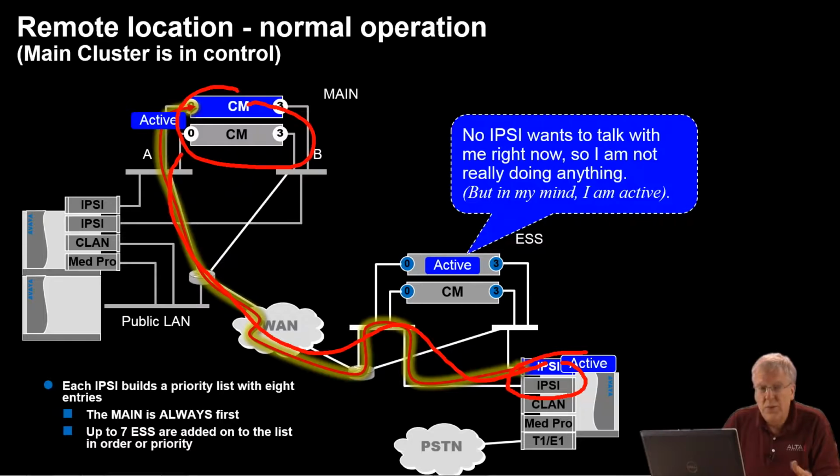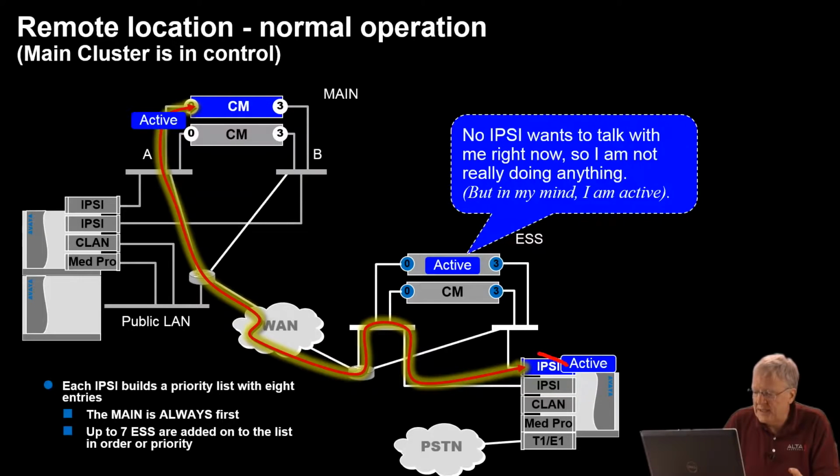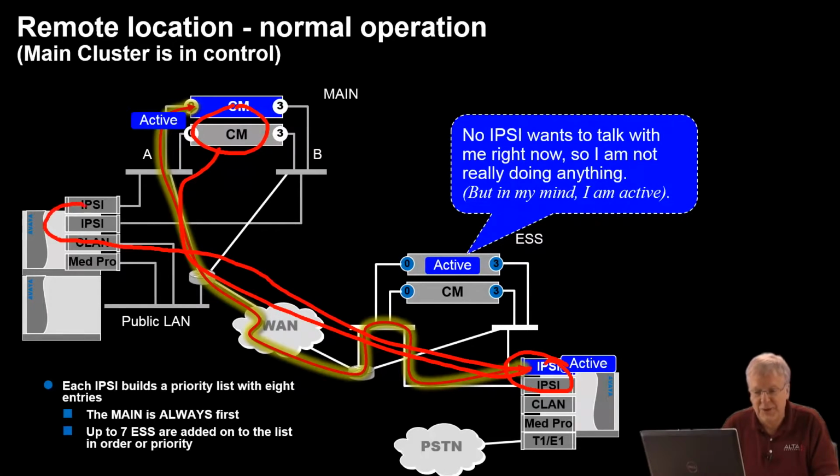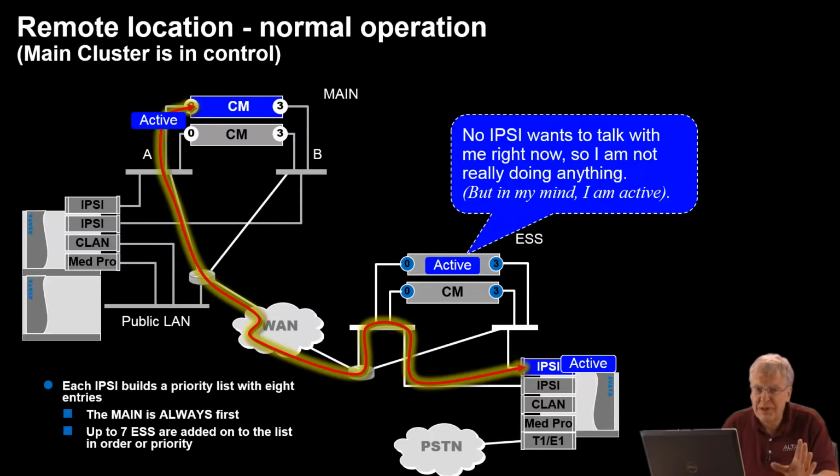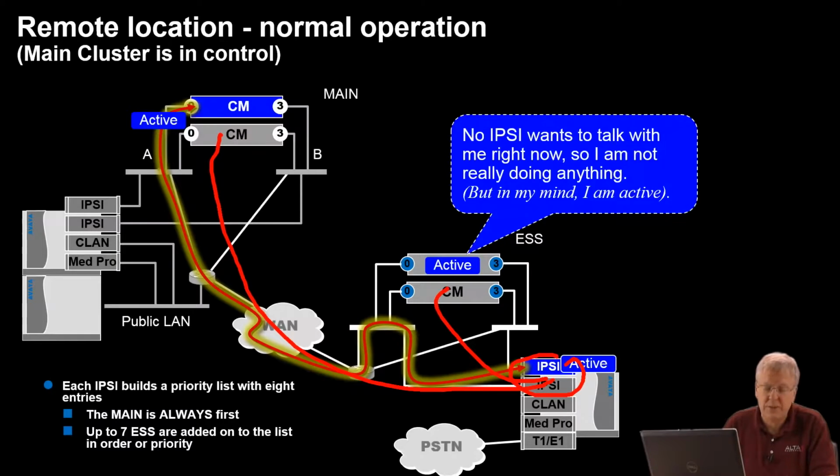And by the way, remember, IPSIs can go directly to a communications manager in this phase. An IPSI doesn't have to go through another CLAN. Please don't be thinking that. Because these are IPSIs, they could go to any communications manager stack they'd want to.